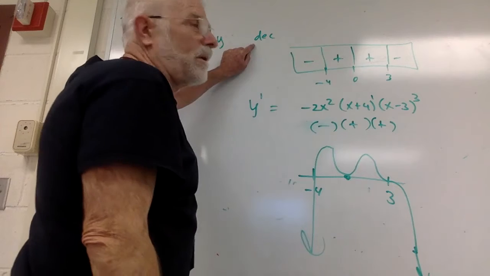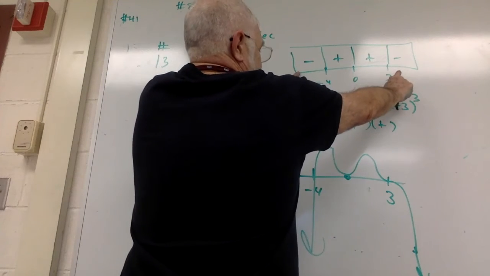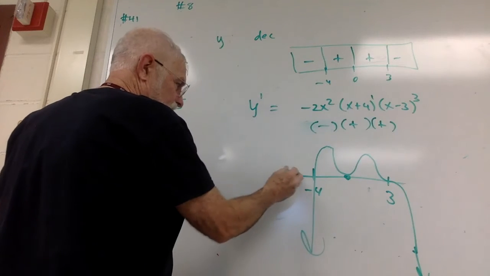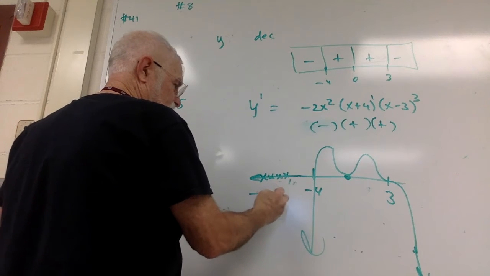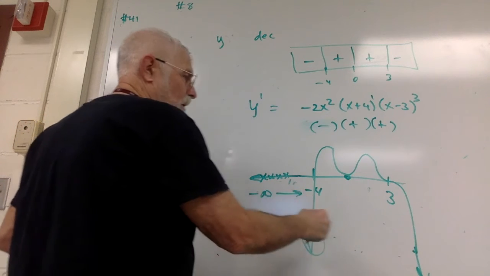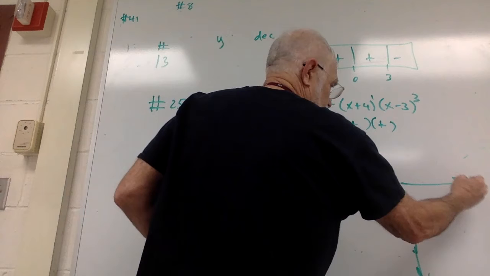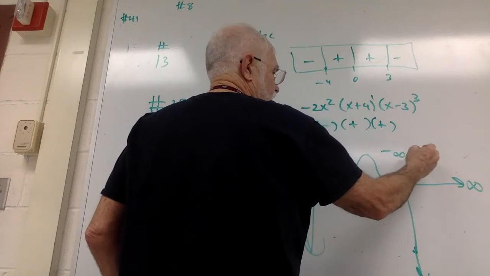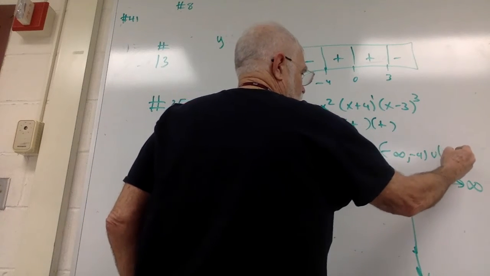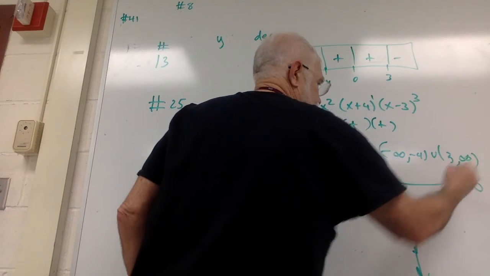When am I decreasing? When they're negative, right? Hopefully you can see it here. So these x values work: -infinity to -4, union 3 to infinity.